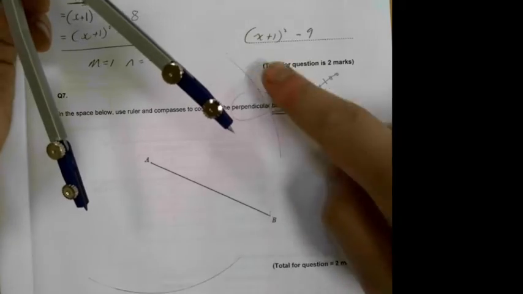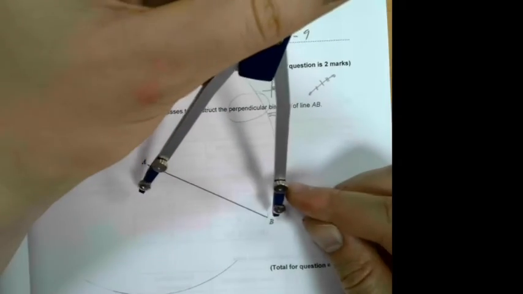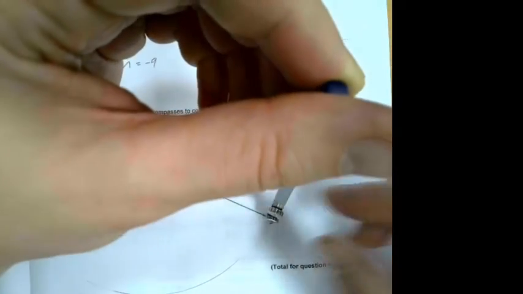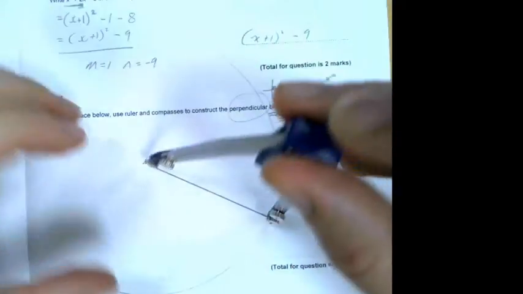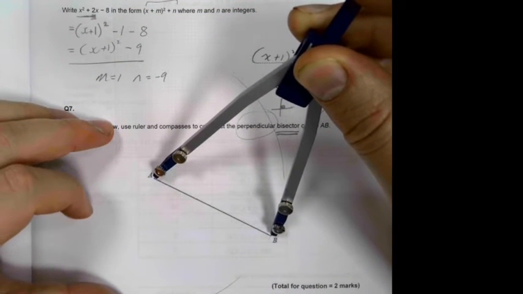So we've done that. From one side I've drawn an arc from A through B like that, and I believe that was 1 mark in the mark scheme. Then we get our compass again, and this is the advantage of having the arcs the same length as the line, because I can double check my compass hasn't slipped.